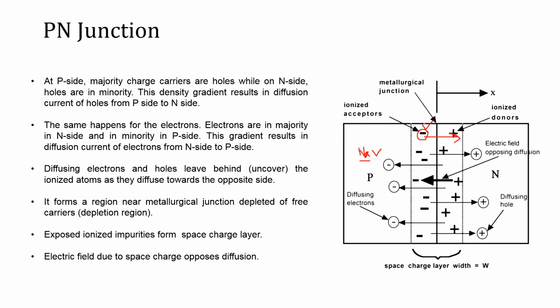So we can say that the density of negative immobilized charge in the depletion region is Na. Similarly, the density of positive charge in the depletion region is Nd, right?